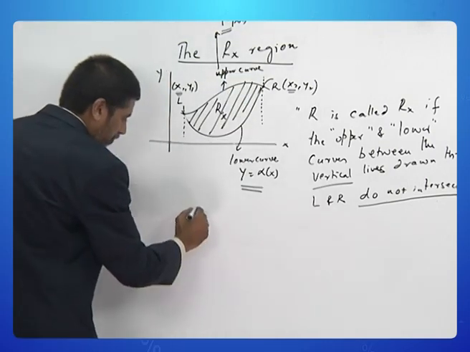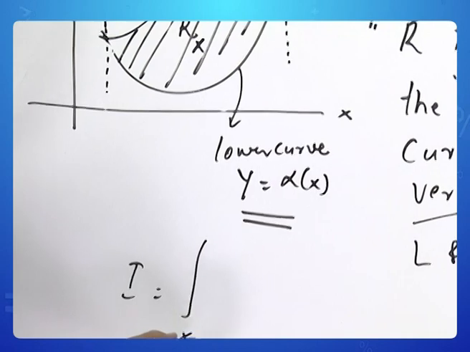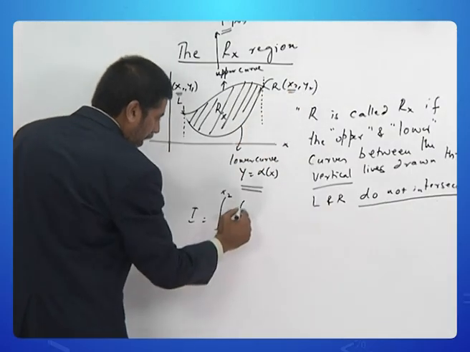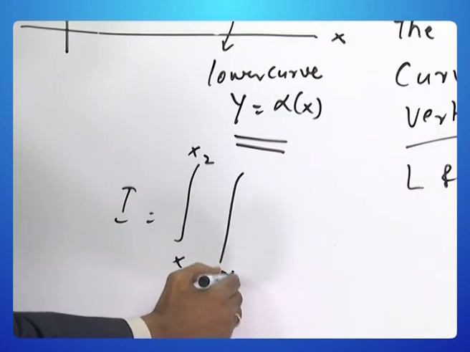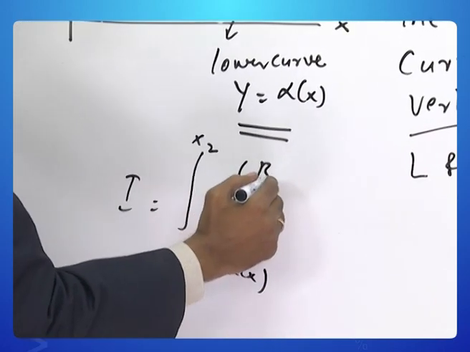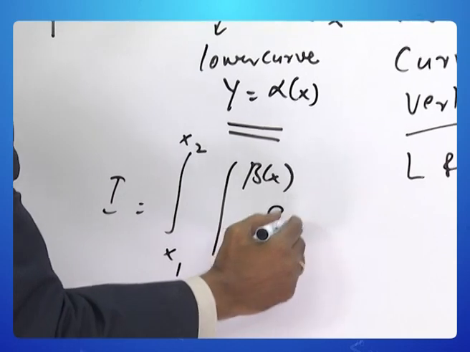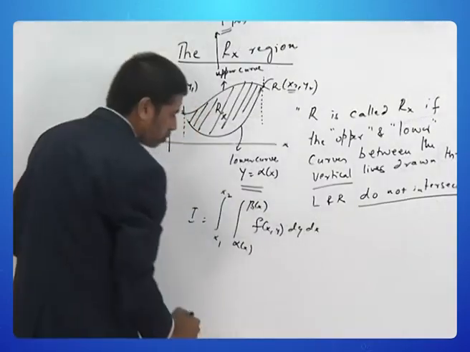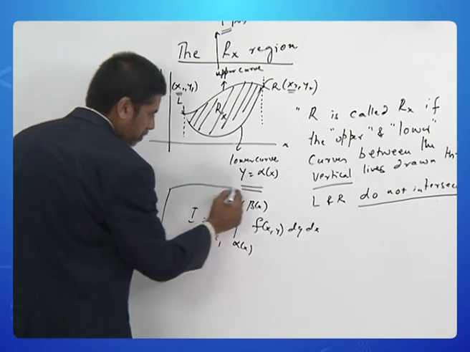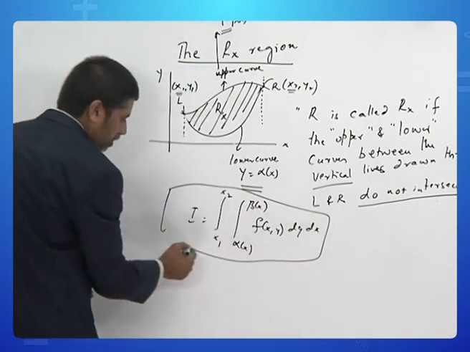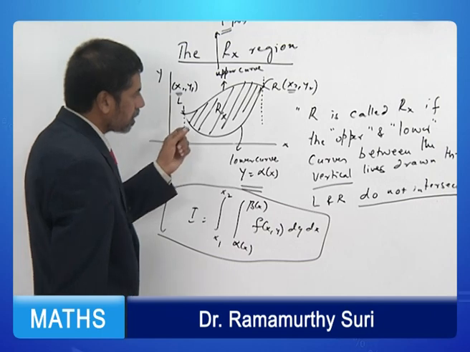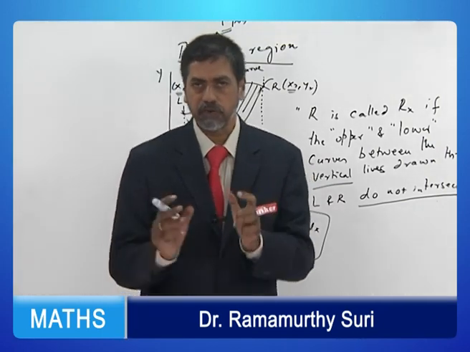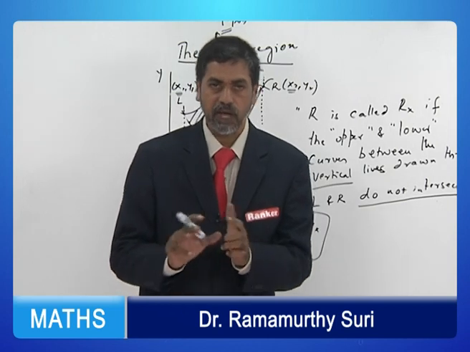So when you actually fix the limits, it is integral x1 to x2, and then alpha x to beta x, function of xy, and now we know the order has to be dy dx.